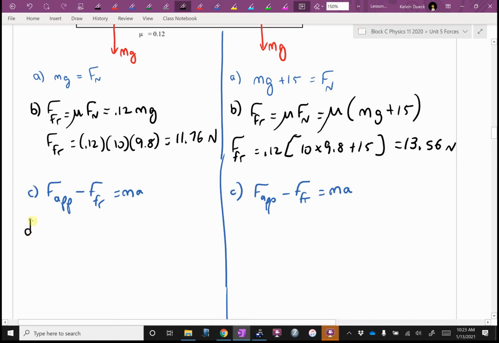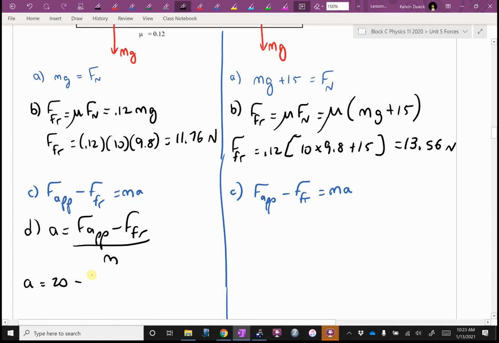What does D want me to find, Adam? Oh, Shay's theorem. Yes, get the A by itself. A is going to be F applied minus friction all over M. All right, Adam, how big was F applied? I think the question told you, I hope. 20. How big was friction?